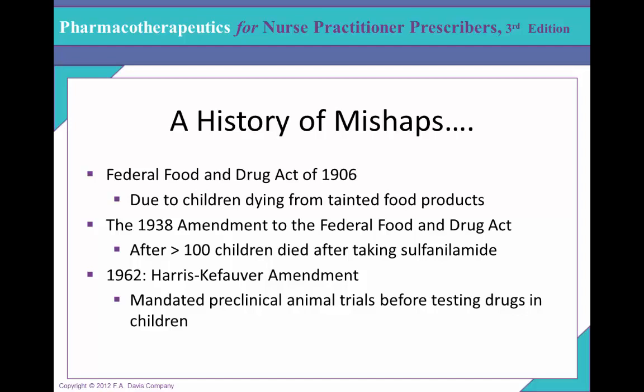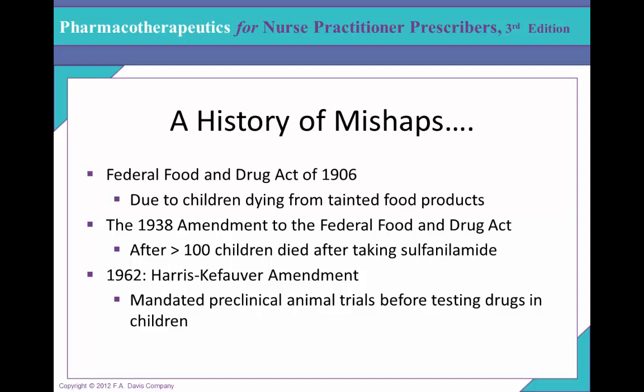After this, in 1938, the law had an amendment, because the pharmacological effects were not tested, and therefore toxicity of the drugs was unnoticed. More than 100 children were dying as well due to this.